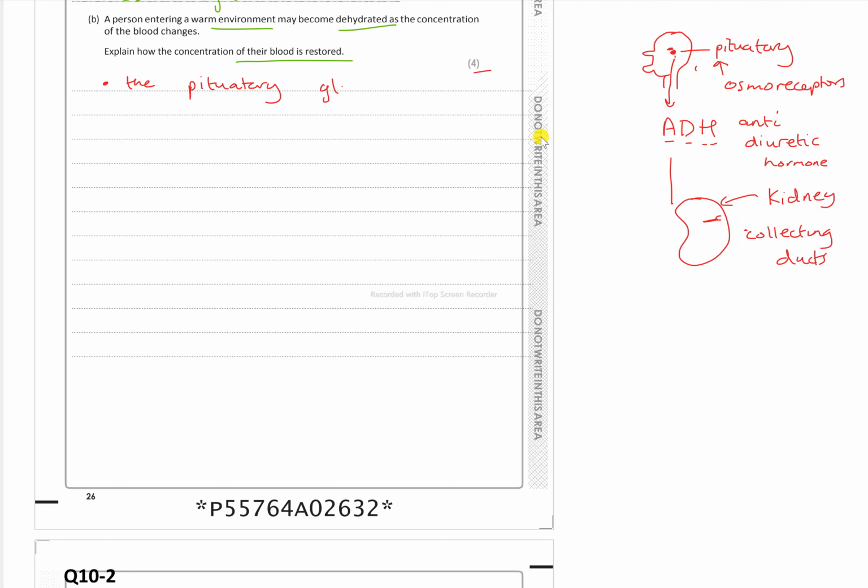The pituitary gland releases antidiuretic hormone into the blood.